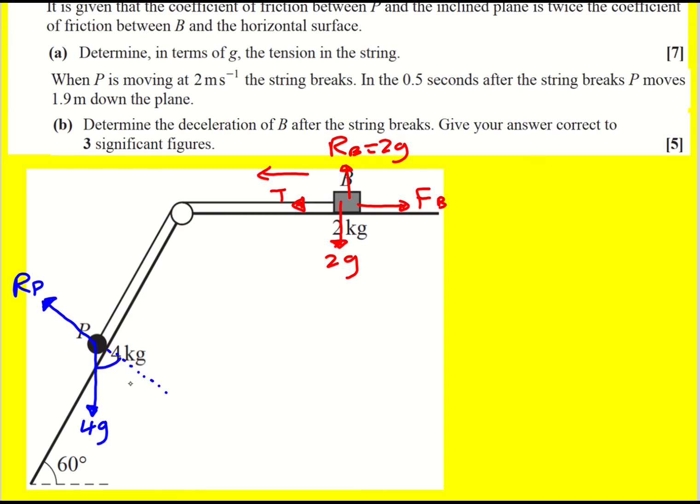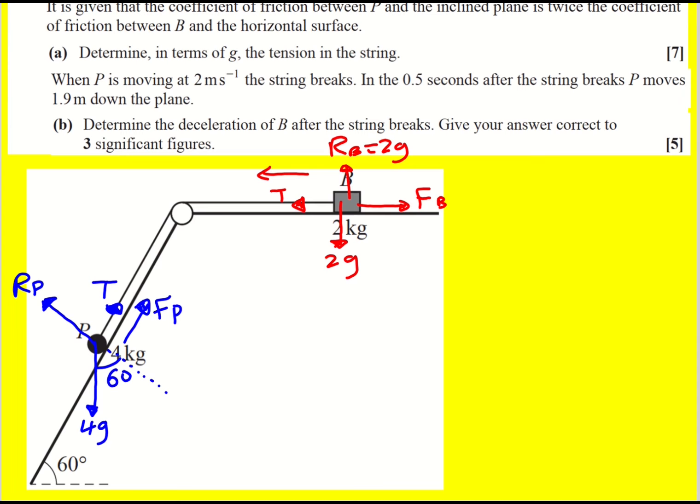This angle is going to be 60. There's going to be a tension that's trying to stop it just falling down the slope without any other forces. The tension is going to try and keep it up. Capital T, they're the same. And then there's also going to be a friction acting up the slope, which I'll call FP.